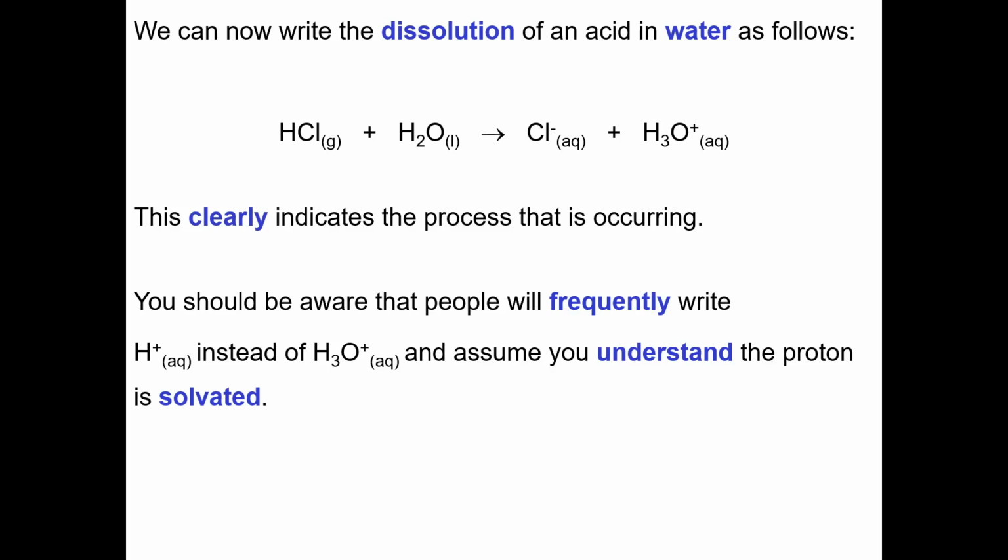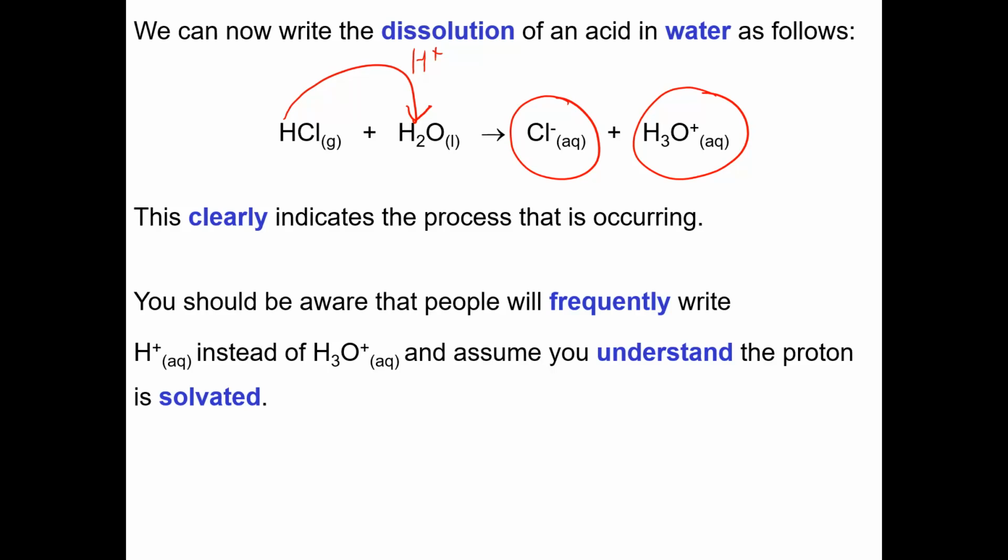So let's think about the dissolution of a typical acid in water now. Say we have hydrogen chloride, it's a gas, and we bubble it through water. When hydrogen chloride is dissolved in water, a proton gets transferred from the hydrogen chloride molecule to the water molecule, generating a chloride ion and the hydronium ion.